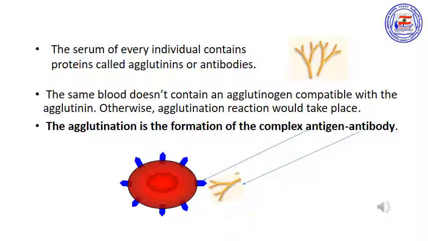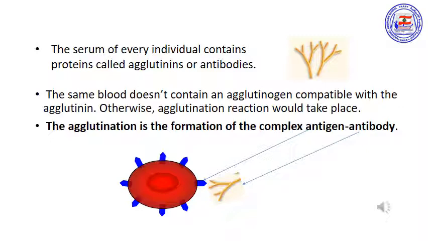The same blood does not contain an agglutinogen that is compatible with the agglutinin. Otherwise, an agglutination reaction would take place. As you see in the figure below, the antibody has a shape that is compatible with the agglutinogen present on the surface of the red blood cells. So the result will be a reaction between the antibody and the agglutinogen, and this is what we call the agglutination reaction.